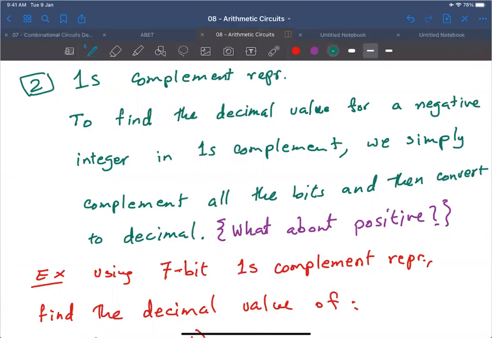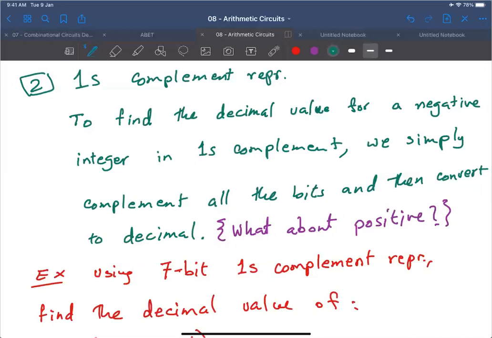Let me test your understanding again. What about if you want to find the decimal value of a positive number for one's complement? You just do it normally because it's positive. Yes, excellent. So for positive numbers, as I told you, it doesn't depend on the representation.